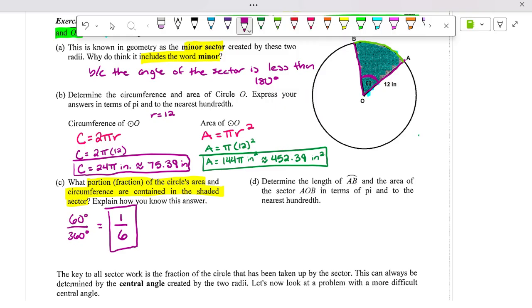Okay. Let's think about this one, guys. Let's go back to elementary school with some fractions here.